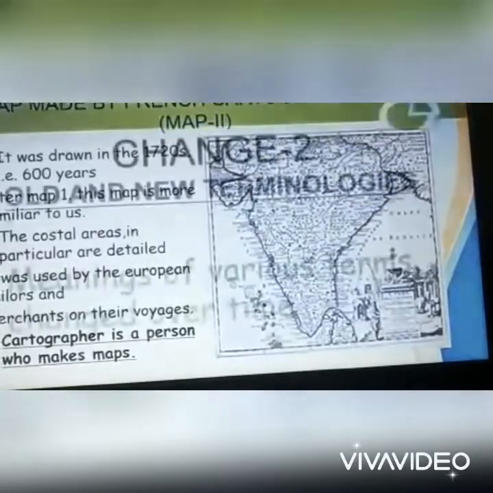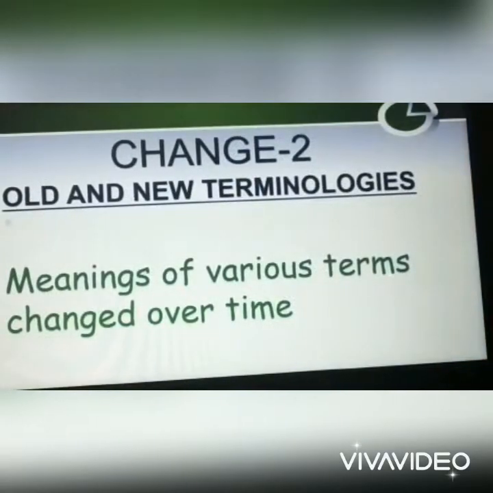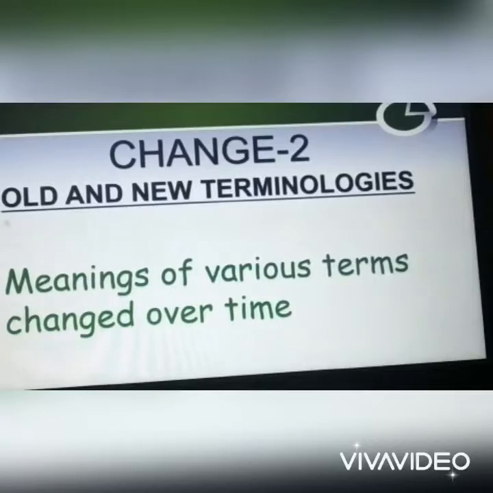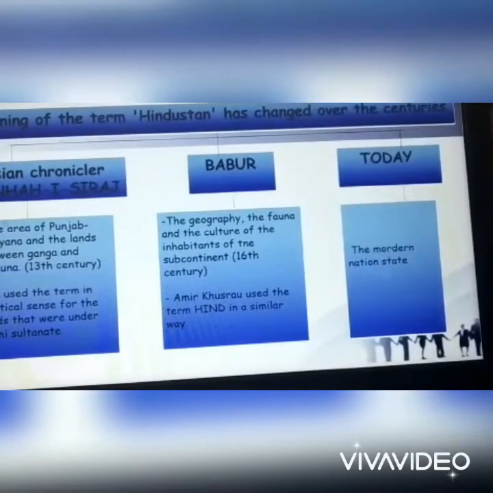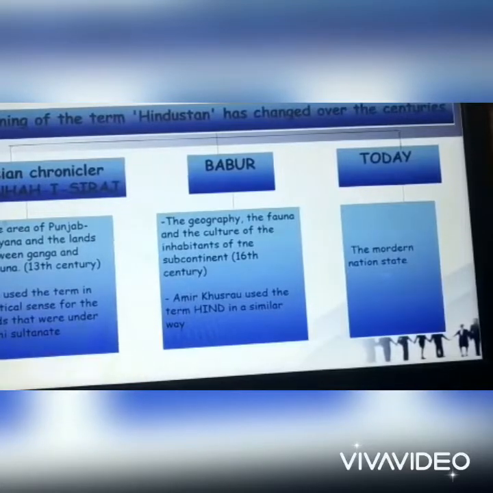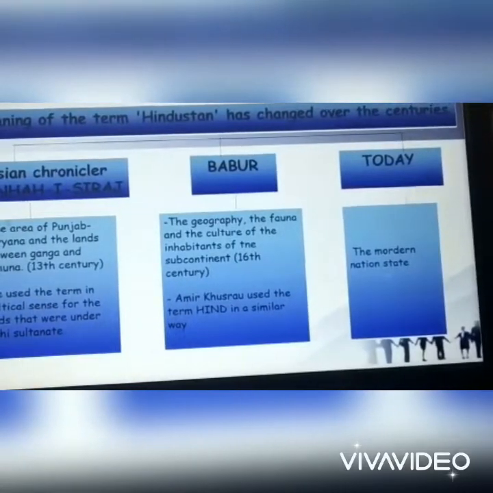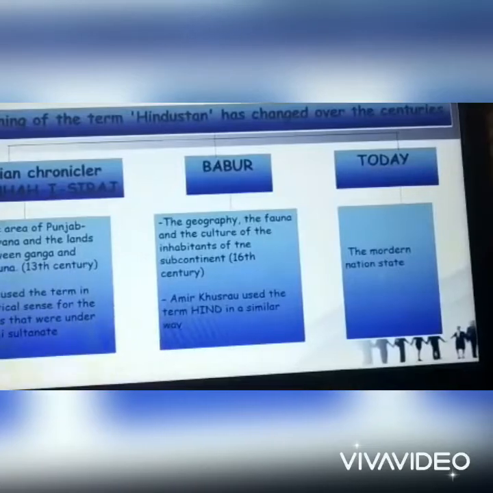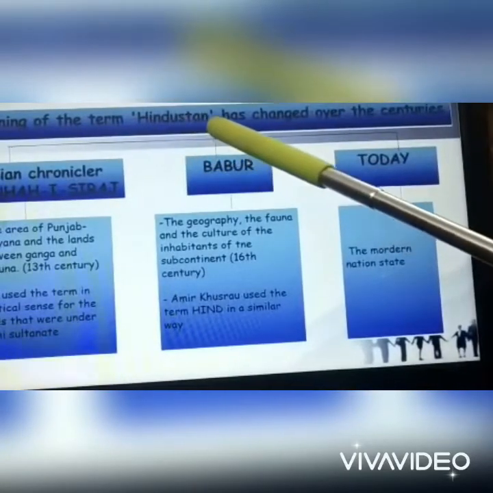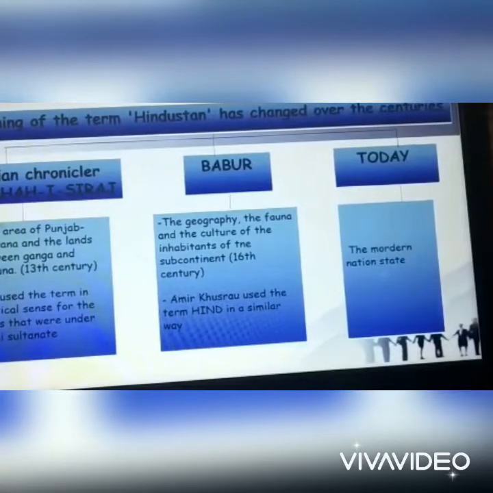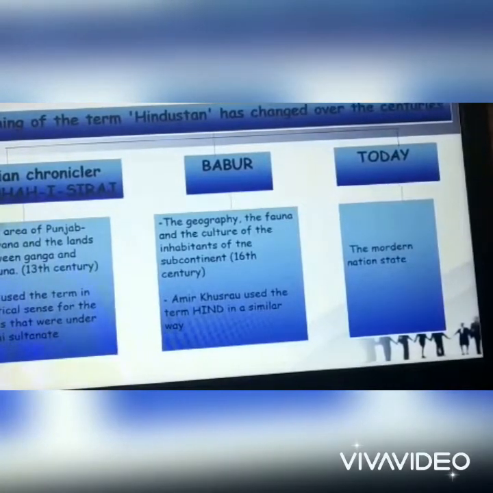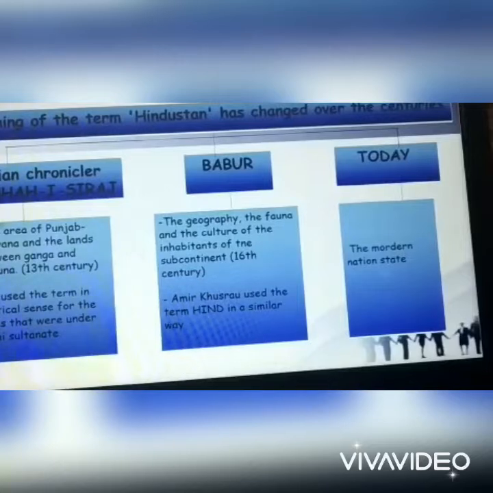Now, let us study the second change in the 1,000 years of Indian medieval history. This is regarding the meaning of various terms. For example, the meaning of the term Hindustan has changed over the centuries. Many people have understood the meaning of Hindustan from different places.